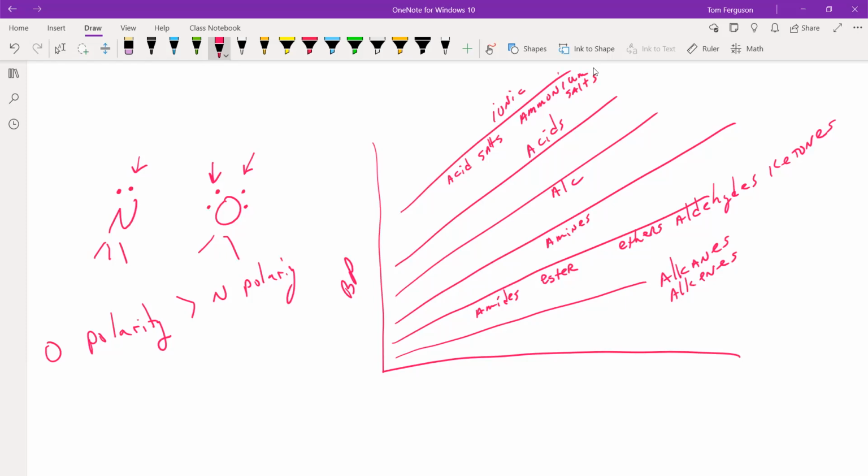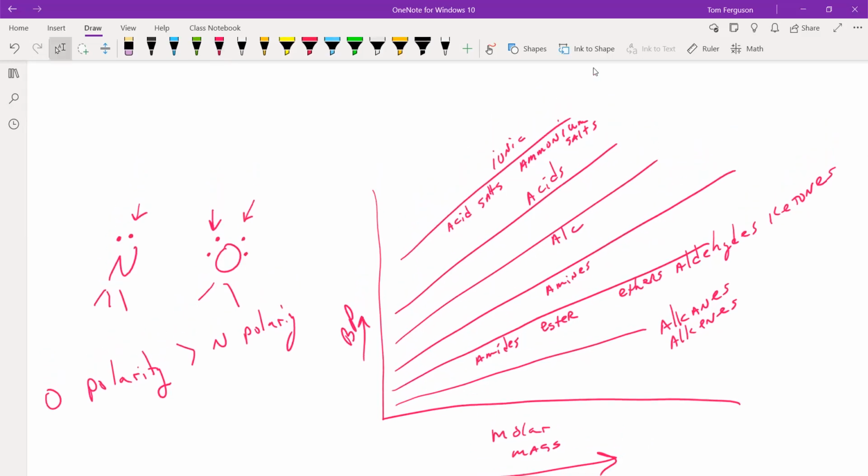We haven't talked about ammonium salts, but we'll talk about it in a minute. So the ionic ones are particularly polar. And hence they would have the highest boiling point. And then this would be increasing molar mass, increasing size, basically.